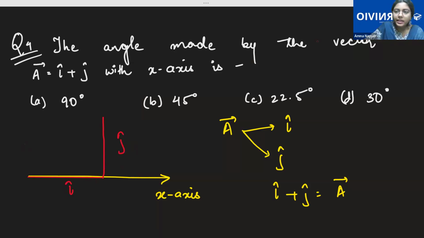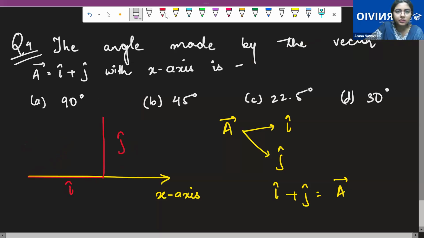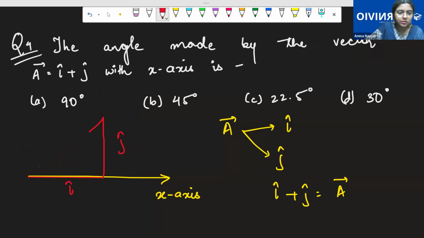Anything that you measure is always from the origin. Now, let's say here we have the origin present. This will be our y-axis and this will be our x-axis. So this is your angle.